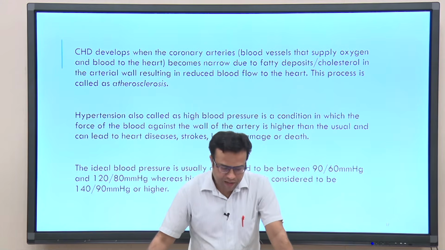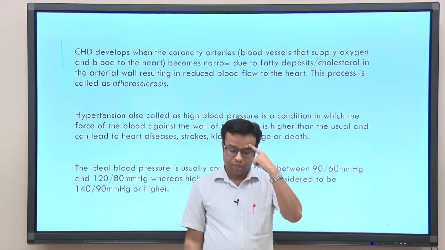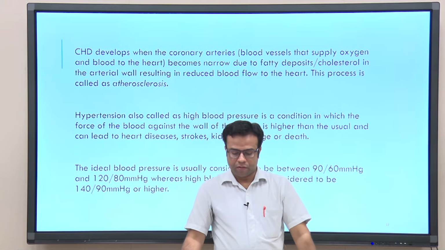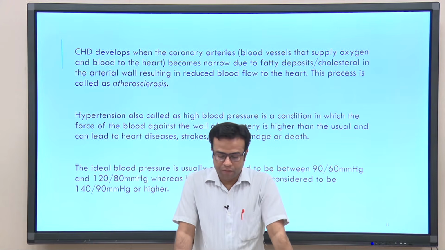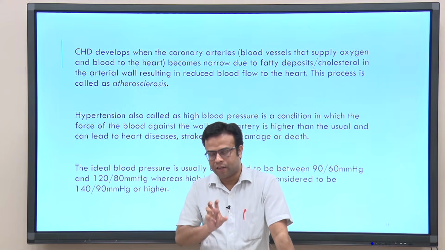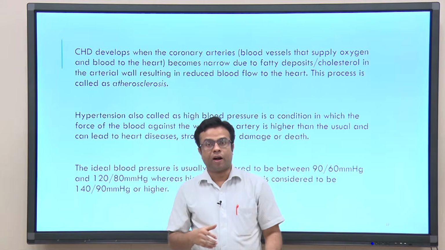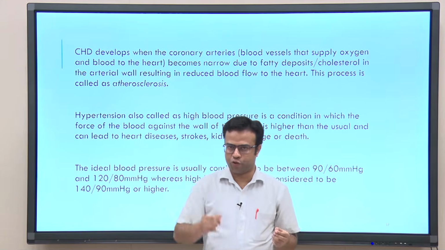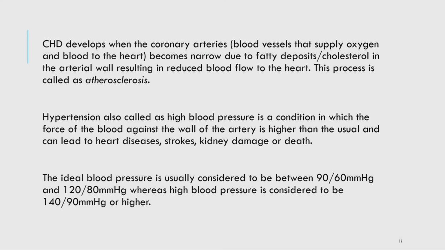Now, coronary heart disease develops particularly when the arteries of the heart, the blood vessels that supply oxygen and blood to the heart, become narrow. So, the vessels that are connected to the heart, which are called arteries, become narrow due to fatty deposits or deposits of cholesterol in the arterial wall, and as a result blood is not able to flow freely to and from the heart.